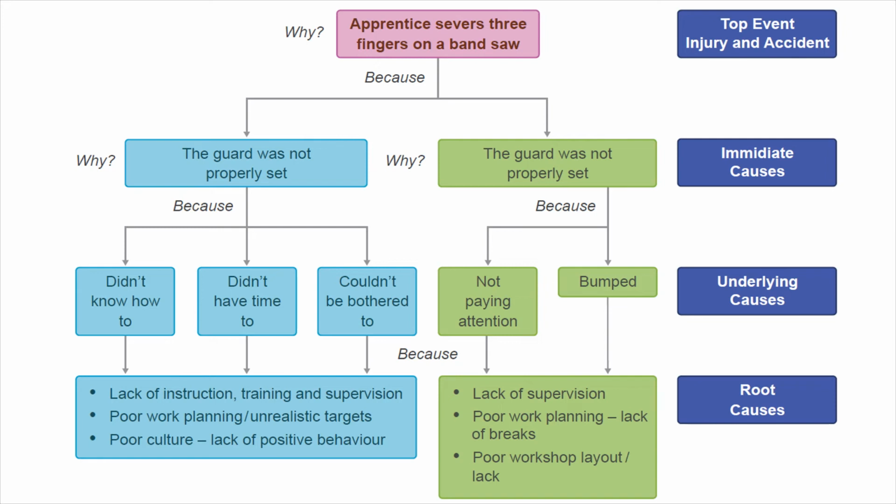Again, looking at lack of supervision, poor work planning, or poor workshop layout has an impact both on unsafe acts as well as unsafe behaviors. This shows us the importance of digging deeper by asking why and not being satisfied with the immediate causes or underlying causes, but always trying to get to the root cause of the incident.